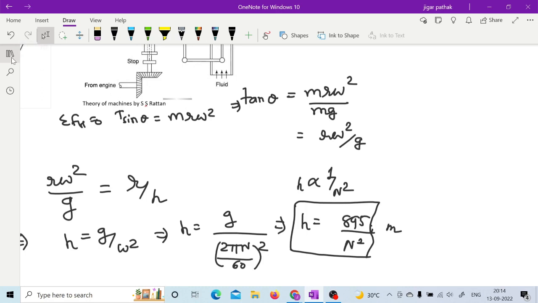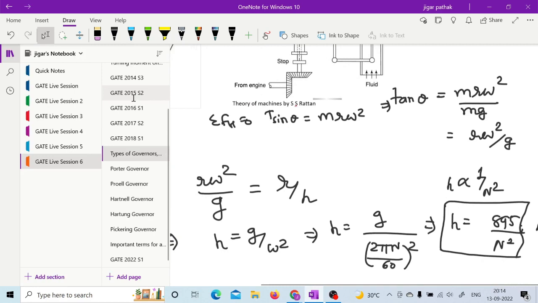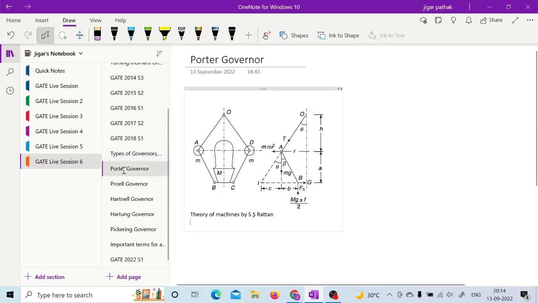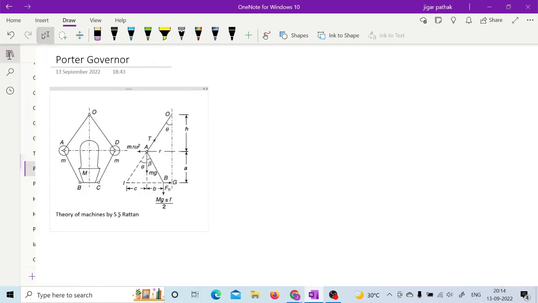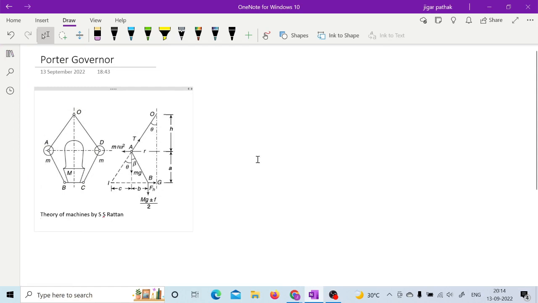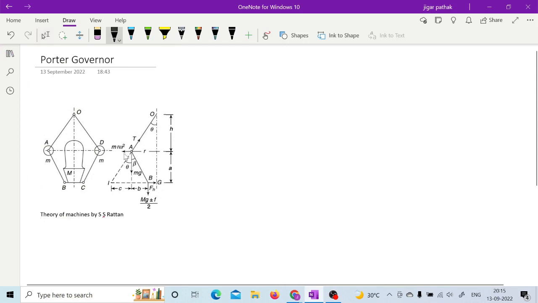in speed. So in order to overcome this limitation, an extra mass is attached to the sleeve in the Porter governor, as you can see in this figure. Here an extra mass m is attached to the sleeve, and the frictional force is also considered, so mg plus or minus f is written.